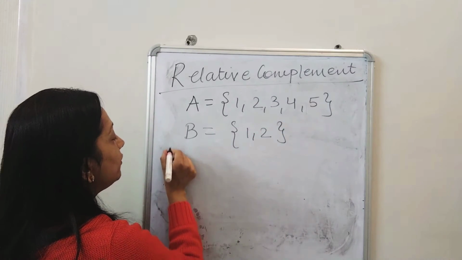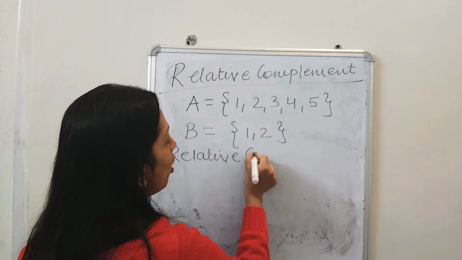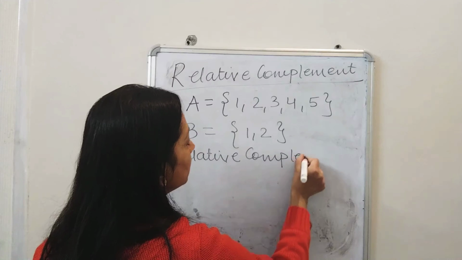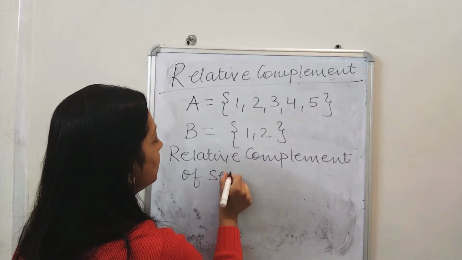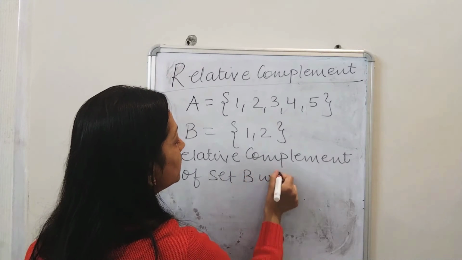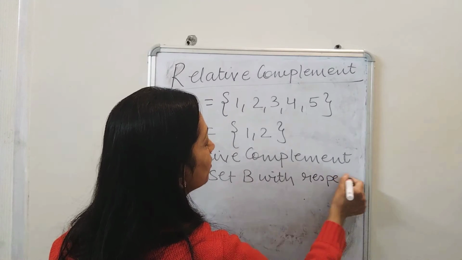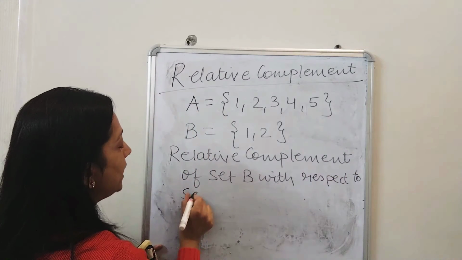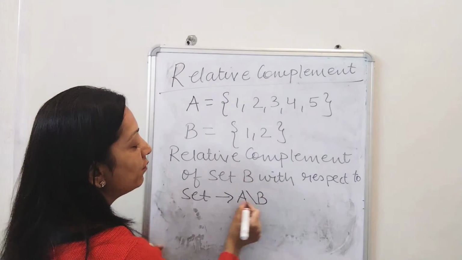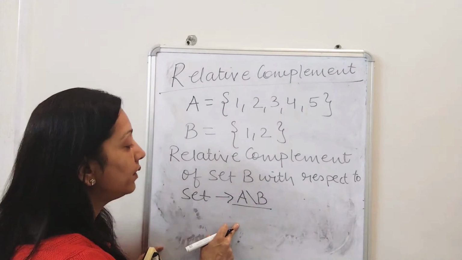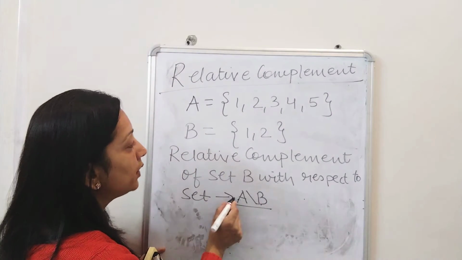So I say the relative complement of set B with respect to set A, and this is denoted like this, A backslash B. This is how you denote the relative complement. So this reads the relative complement of B with respect to A.